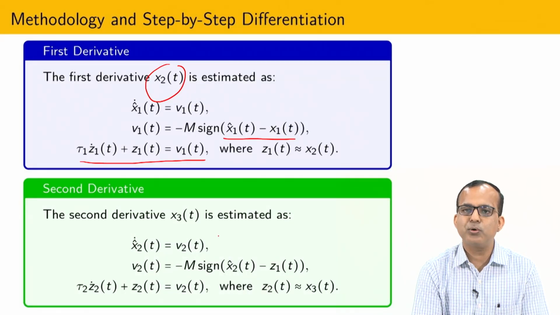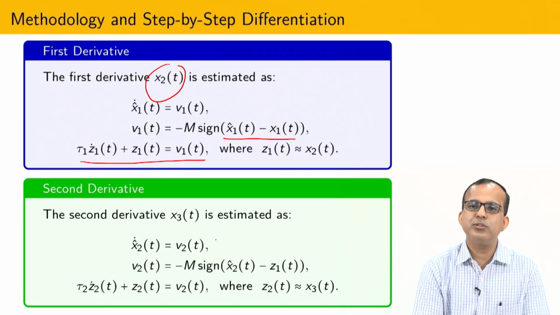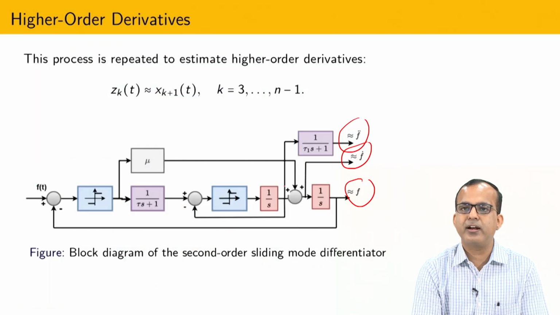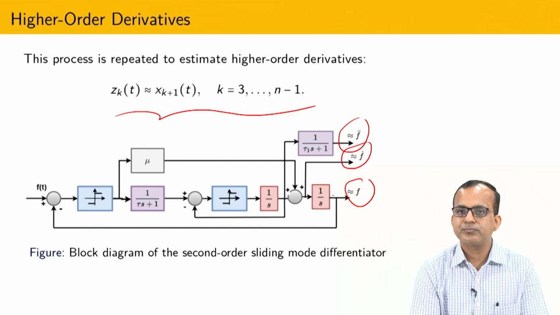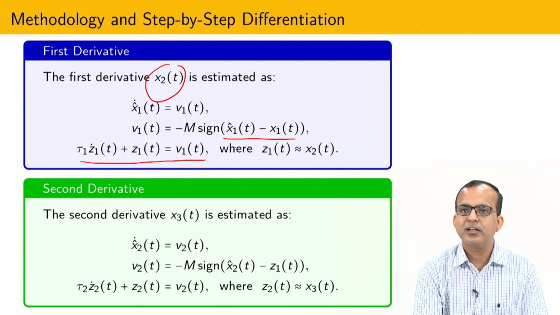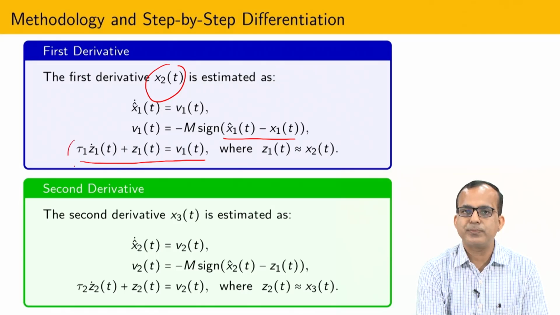If you write the program, or you can use a block diagram like this, in this way you can construct any order derivative, but every time you have to be very careful, because I have to design the gain or time constant of the low pass filter.